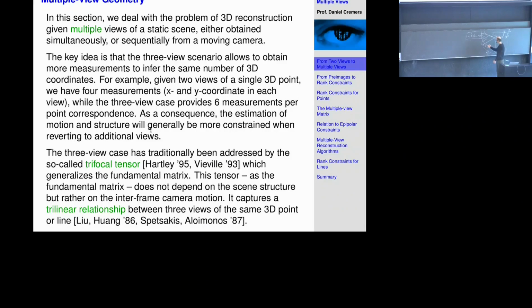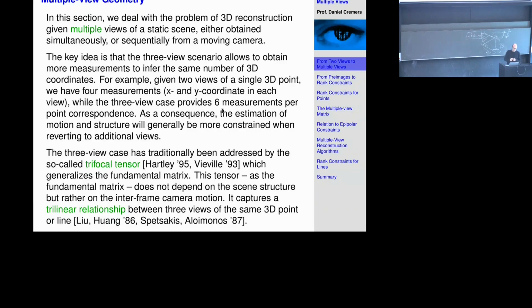From 2 images you have 4 measurements, 3 unknowns, and from 3 images of that point you have 6 measurements, 3 unknowns just for the point. And so one can see that by using more projections of this point, I can constrain things more, and I can use the information that the point that I'm looking for should be consistent with all of these projections.